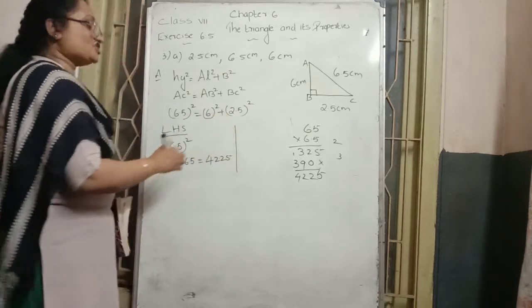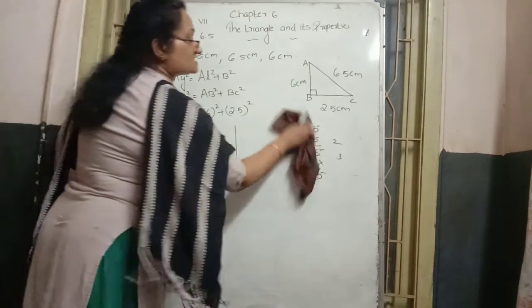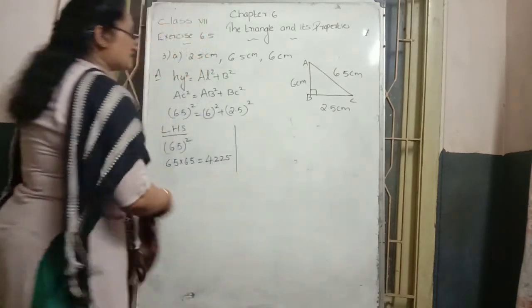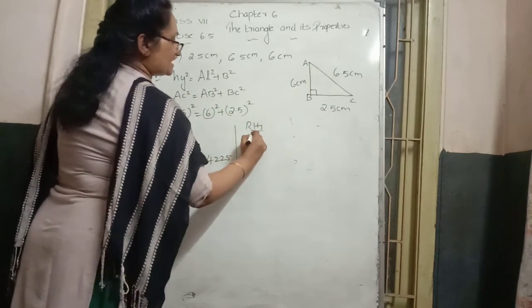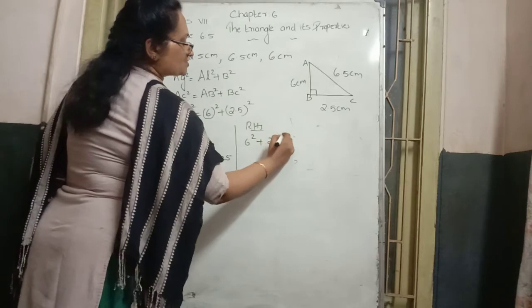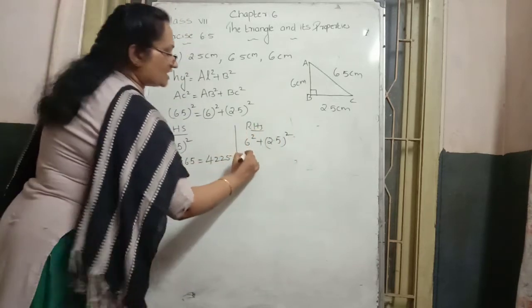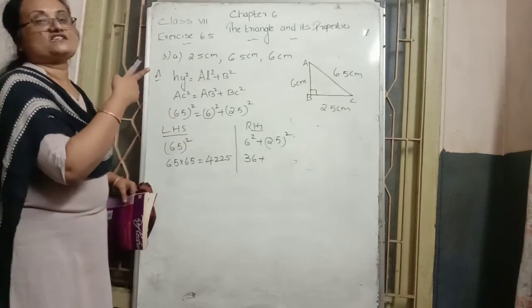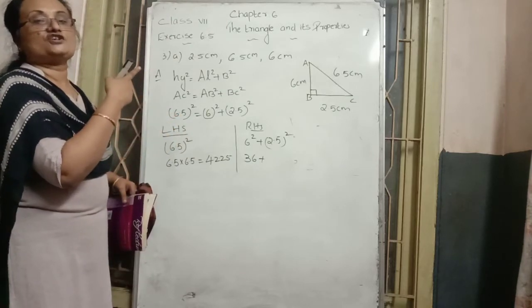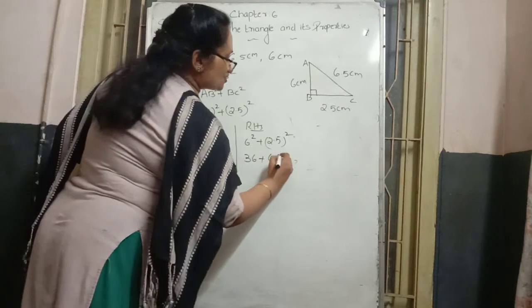We want to check the right side. Do we get the same answer or not? What is the right side expression? RHS is 6 square plus 2.5 square. 6 square becomes how much? 36. 2.5 means 25. As in the previous question, 25 into 25 comes to 625.